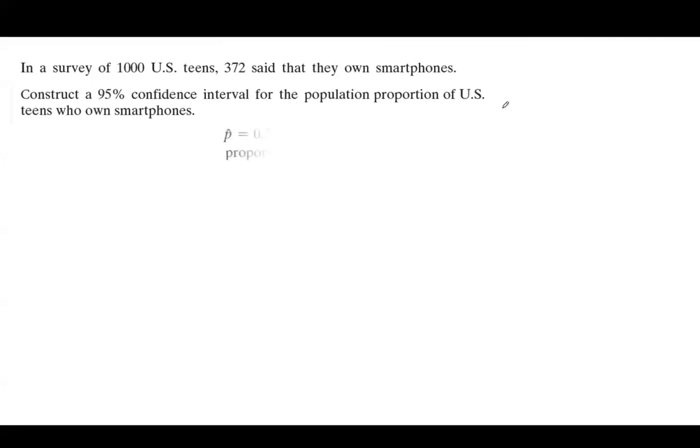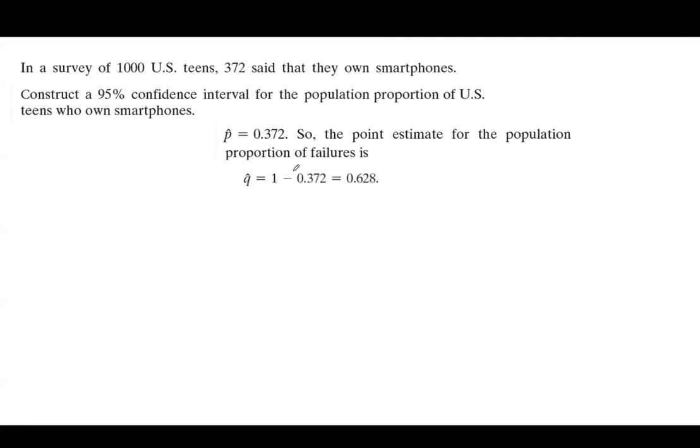Let us begin, everybody. p hat is 0.372. This is your point estimate that we calculated. 372 divided by 1,000 is 0.372. The proportion of failure, q hat, is 1 minus 0.372, which gives you 0.628.